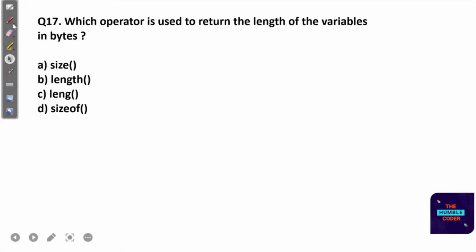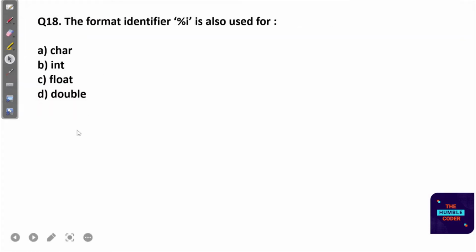Which operator is used to return the length of the variables in bytes? The options are size, length, leng, sizeof. So the correct answer for this is option D, the sizeof operator.